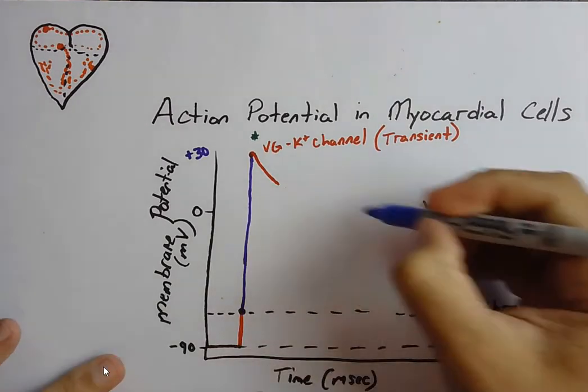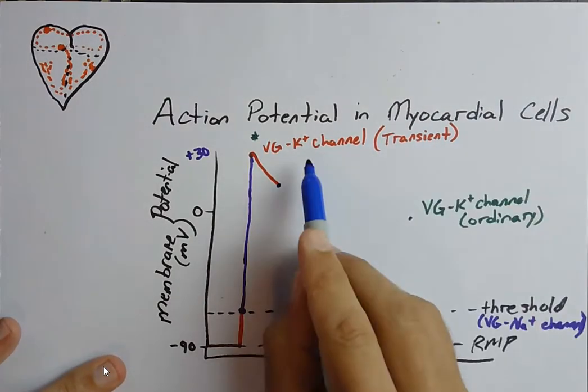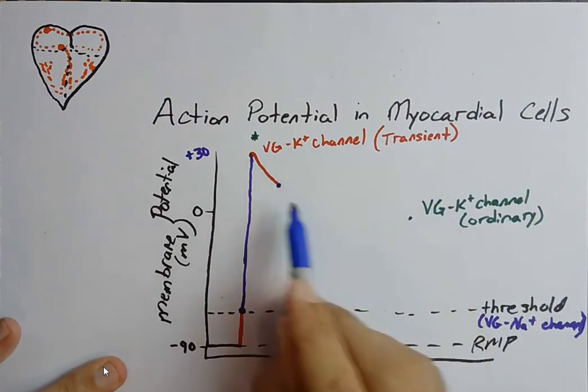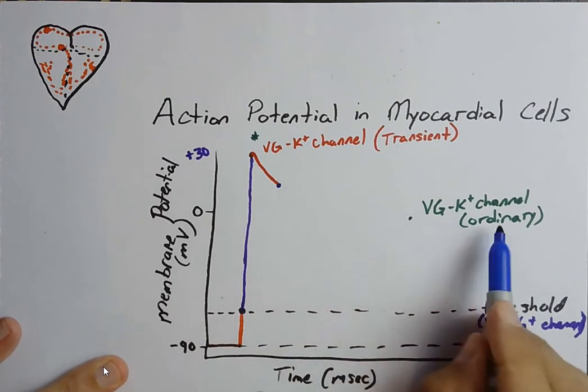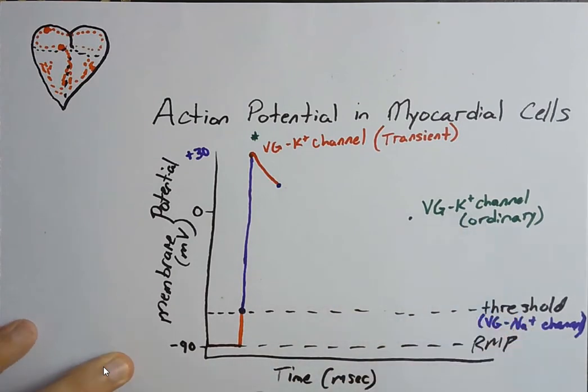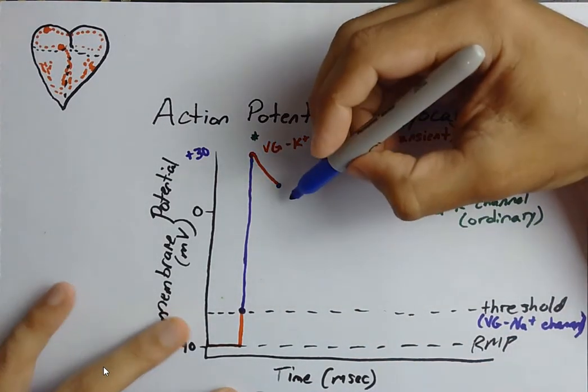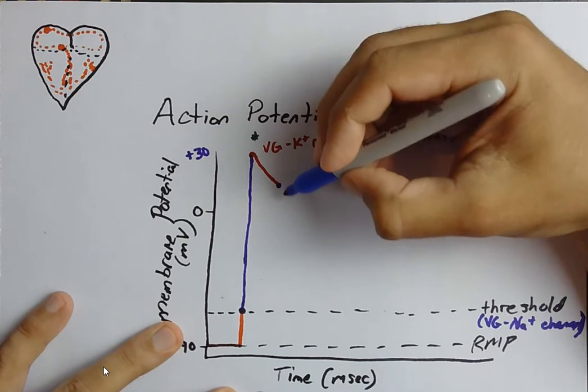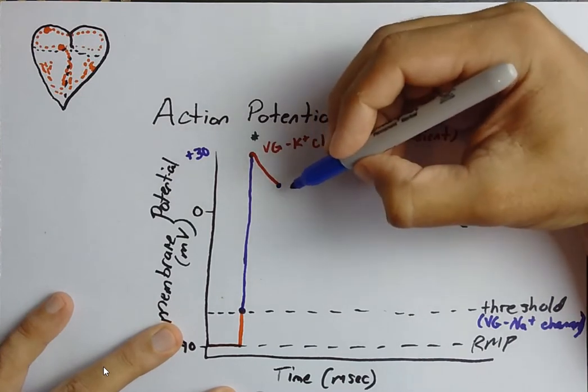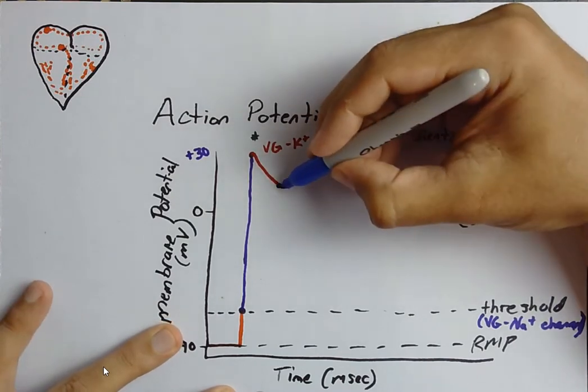Well, what's happening in between this point where the transient voltage-gated potassium channels close and this point where the ordinary voltage-gated potassium channels fully open? Well, here is when we're going to have these very specialized calcium channels open up.